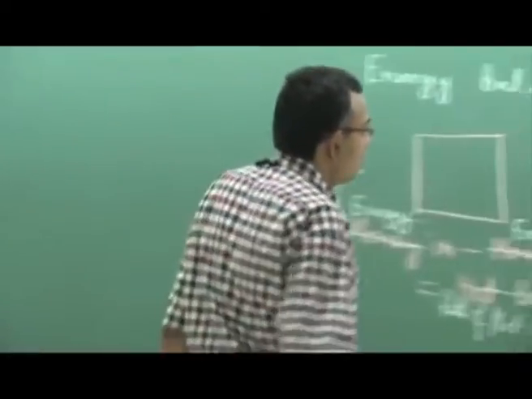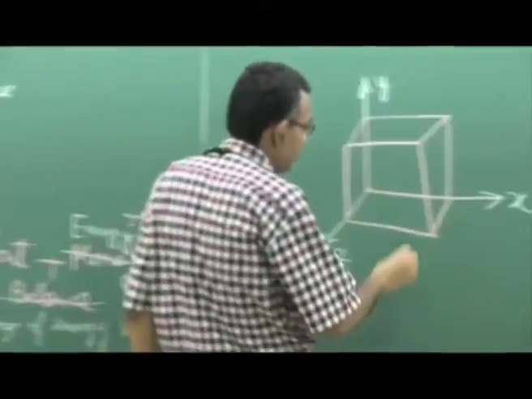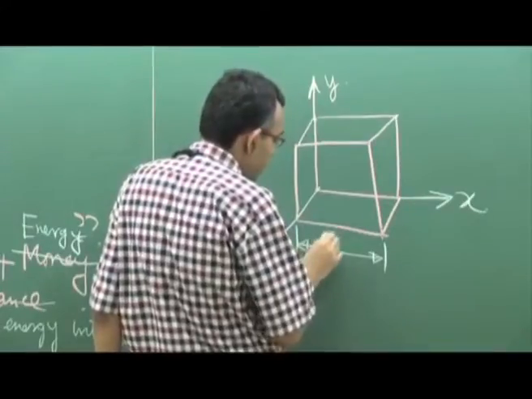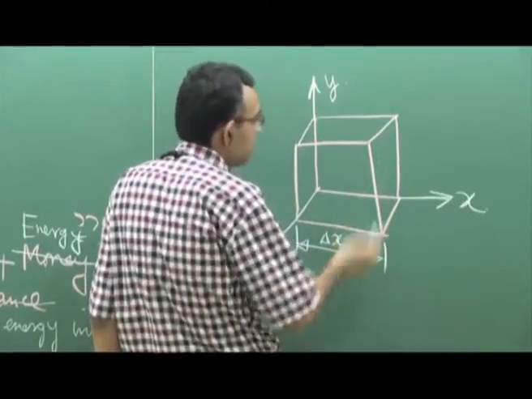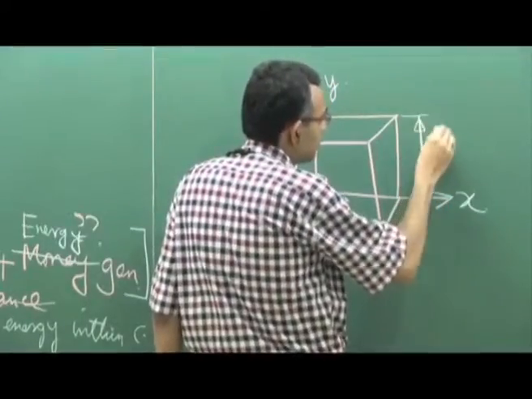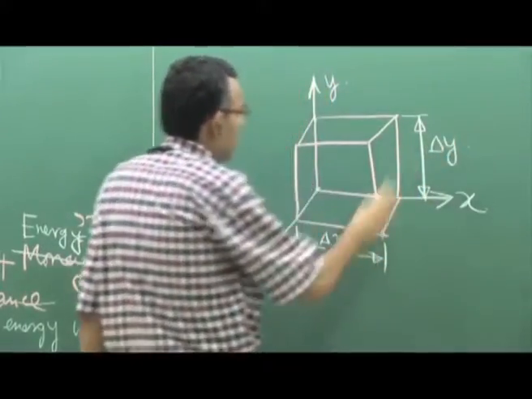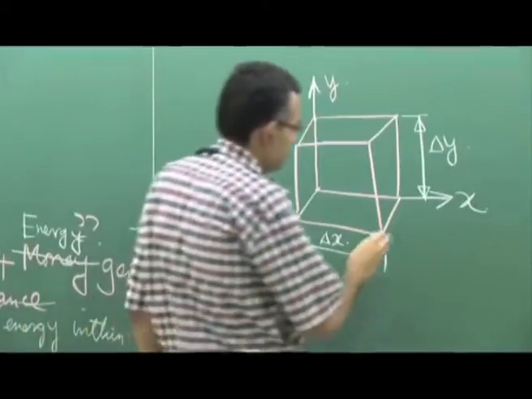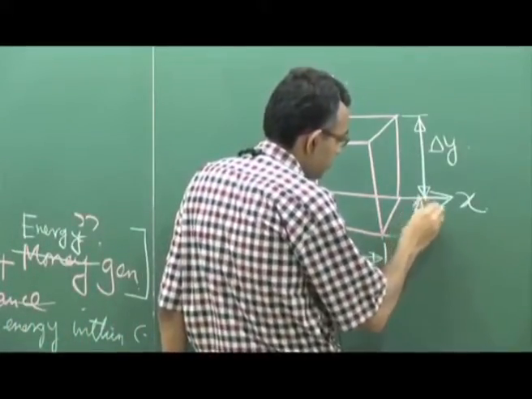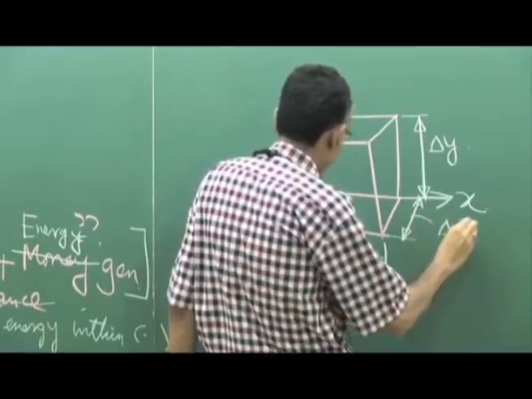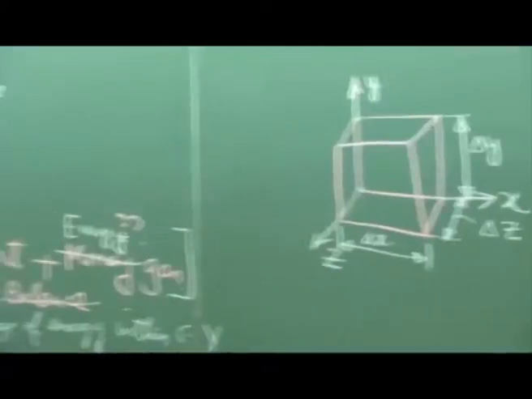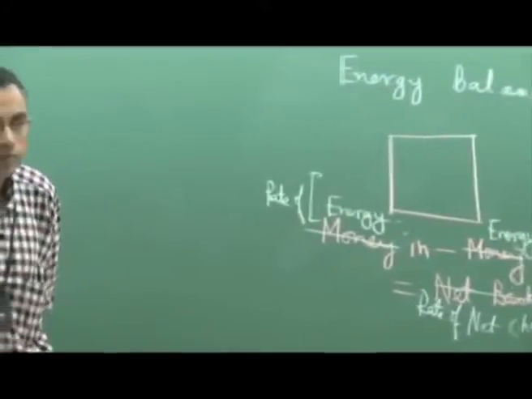So, this rectangular shaped body or control volume has dimensions, say, delta x along x, delta y along y, and delta z along z. Okay.